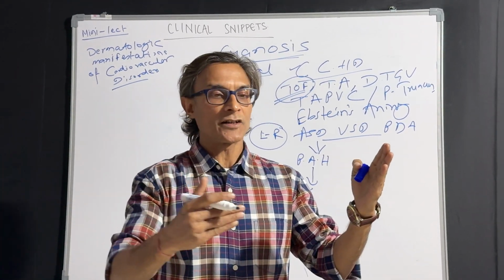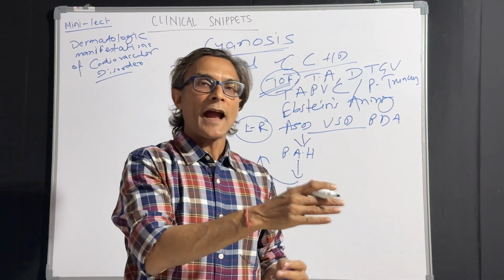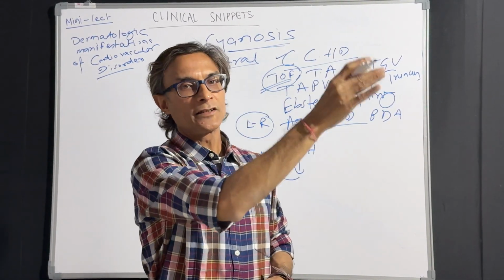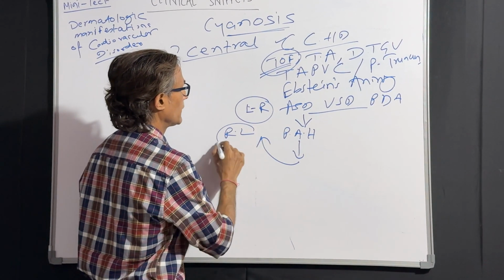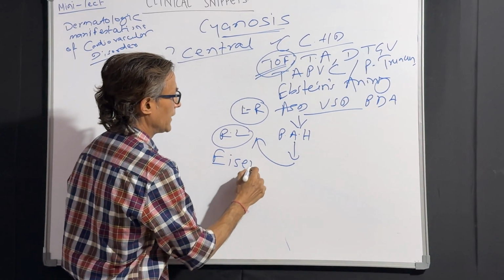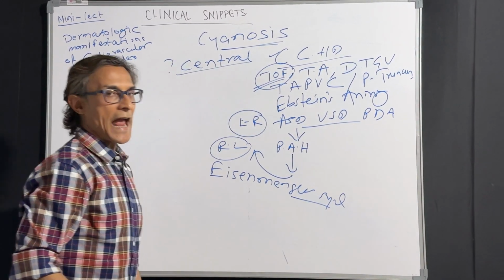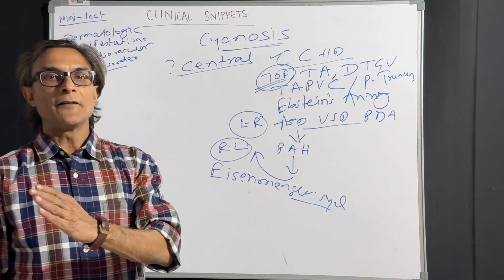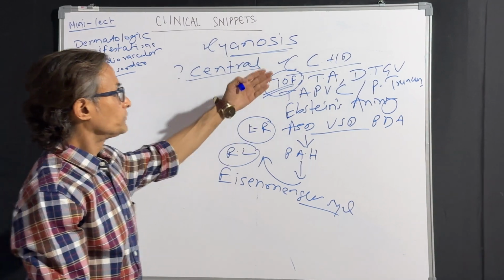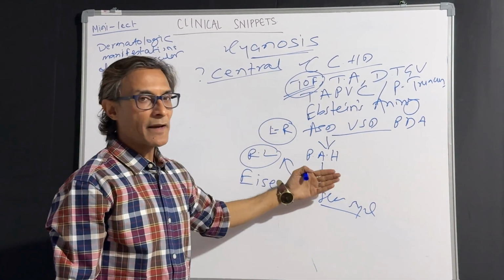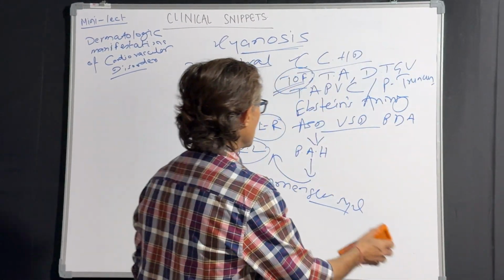So after a period of time, because of hyperkinetic pulmonary artery circulation and development of pulmonary hypertension, the shunt will reverse and now become right to left, which is known as Eisenmenger syndrome. So Eisenmengerization of the previously left to right shunt, they become right to left, and there is cyanosis. So congenital cyanotic heart disease and Eisenmengerization of the left to right shunts will cause central cyanosis.